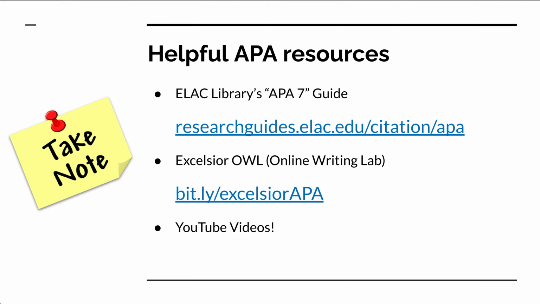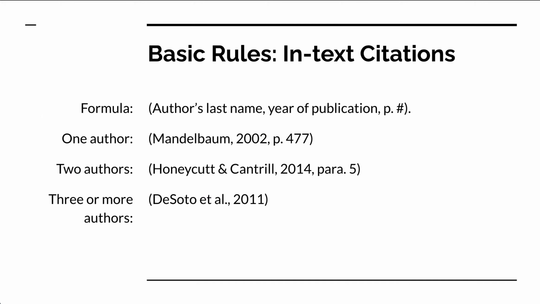Let's get into some basic rules of APA style. For your in-text citations, here's the formula. Now remember, these are the shortened versions of your full citations that you'll use in the body of your research paper to alert your reader that you are citing an outside source.